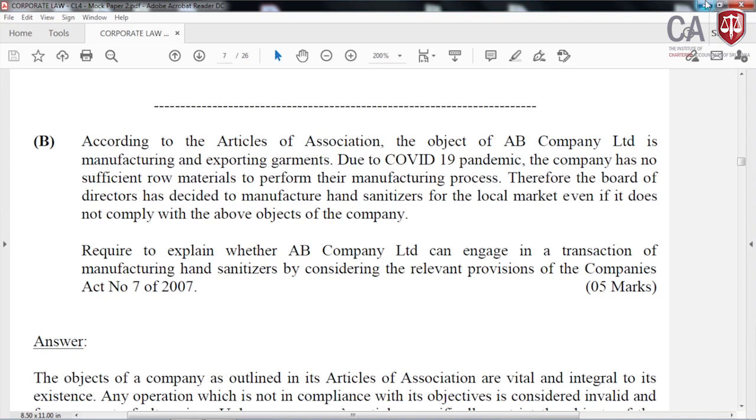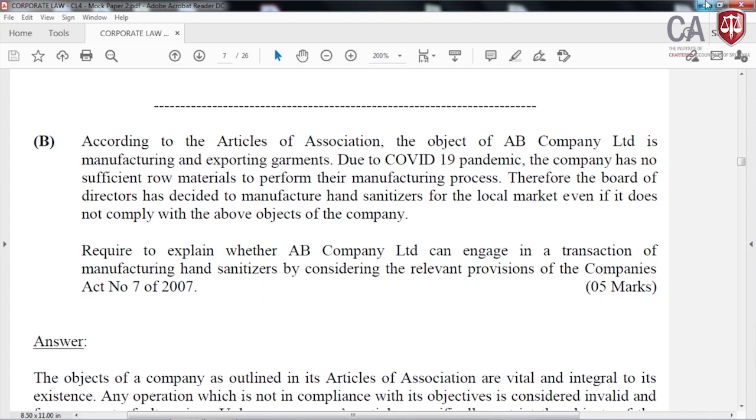But I would rather advise you to provide the maximum possible length, since you can get the maximum marks of 5 if you provide a very comprehensive answer. This is what I am going to do today, to provide you a very comprehensive answer to this question and to all the questions that I am going to discuss today.